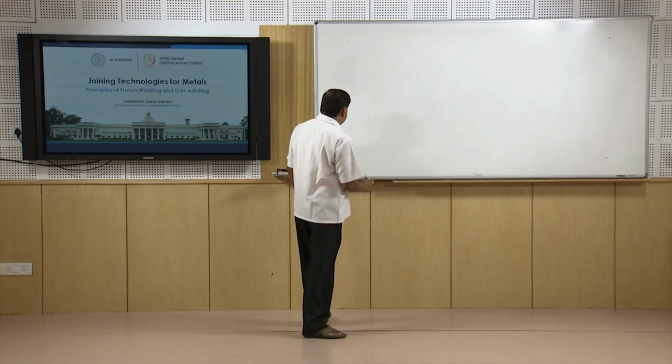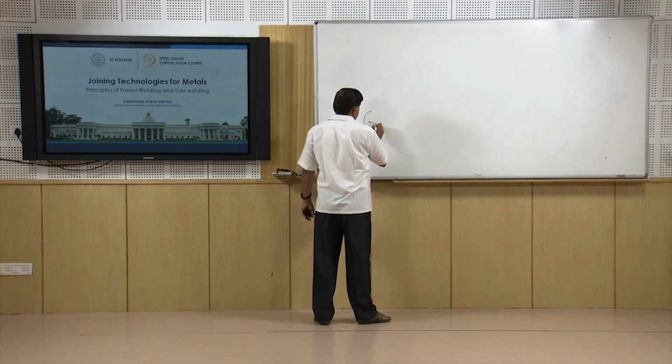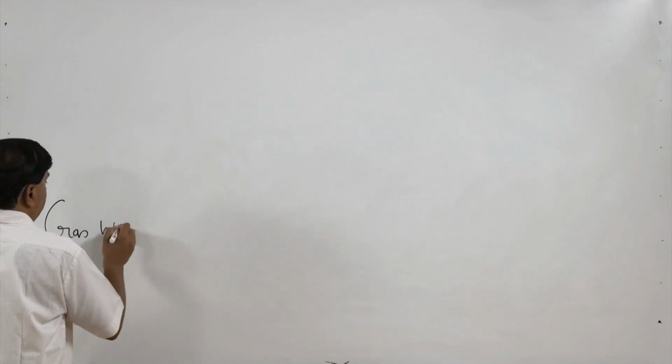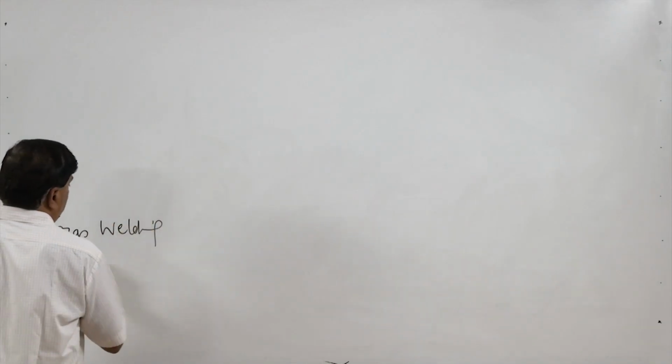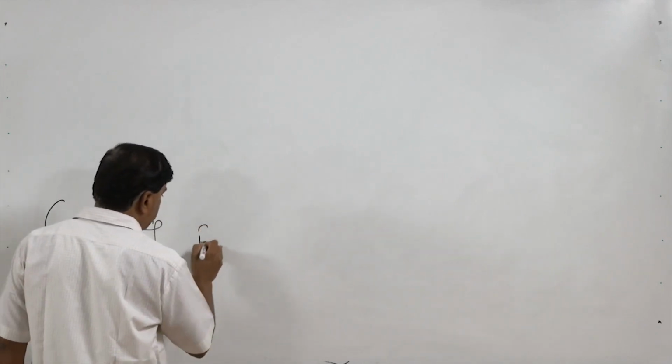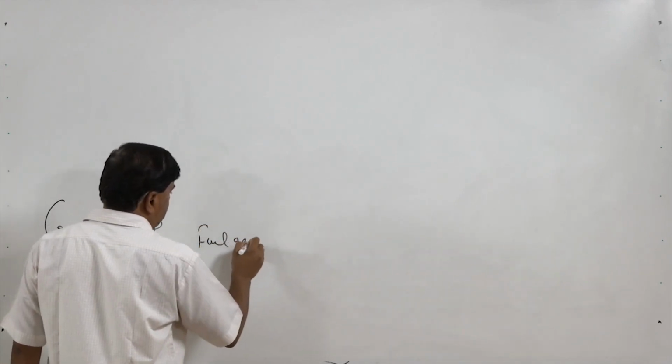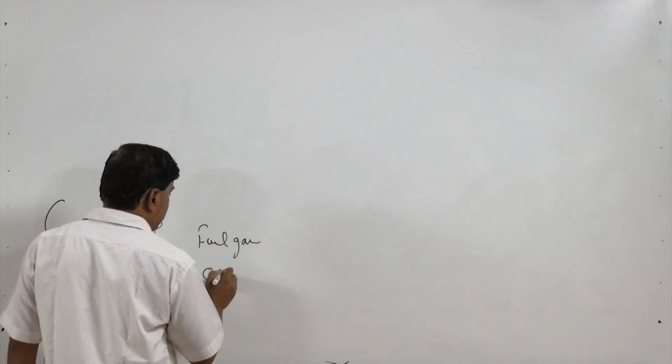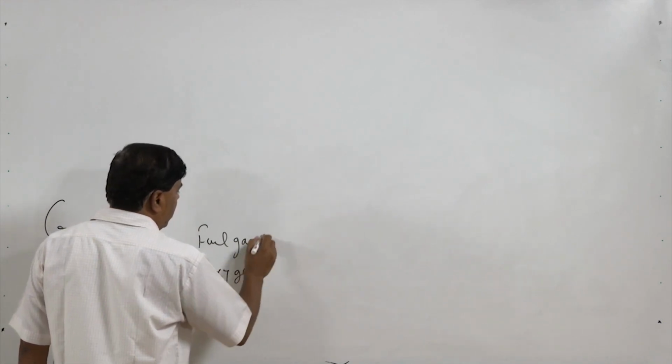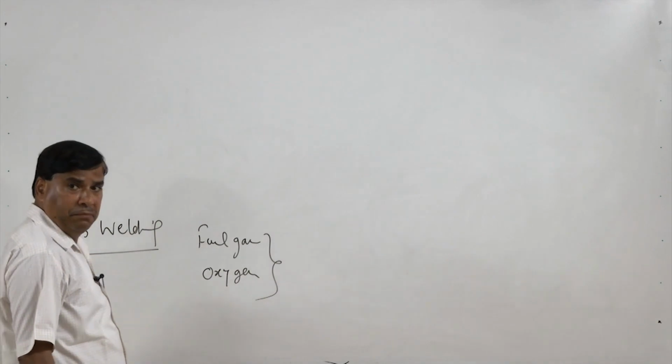Now, coming to the gas welding process and its principle. The gas welding basically uses one fuel gas, and usually oxygen is used for achieving the proper combustion.